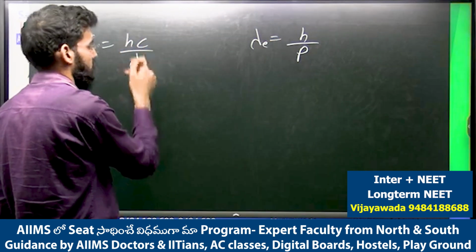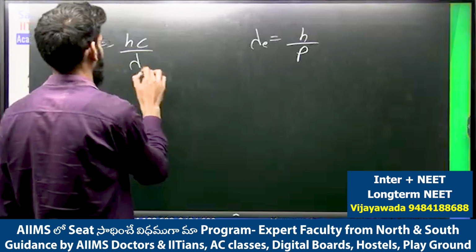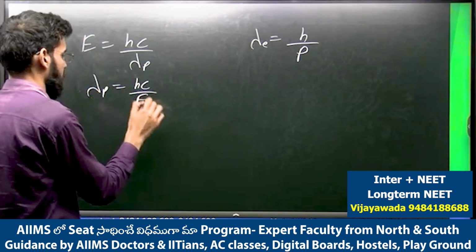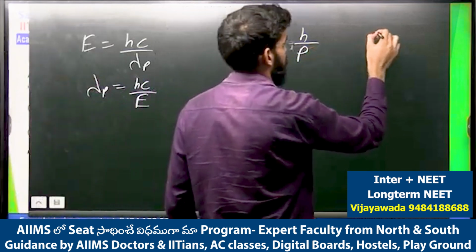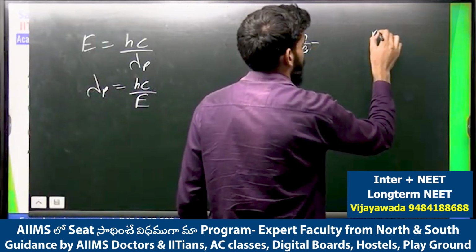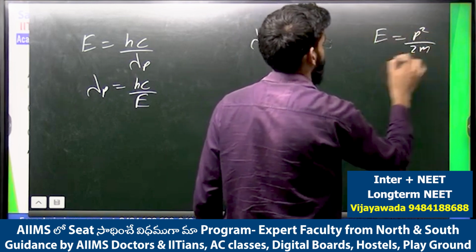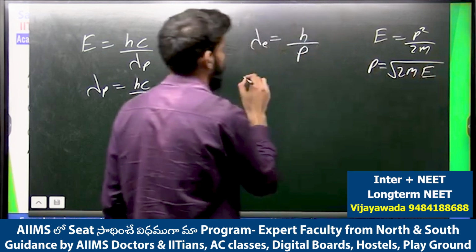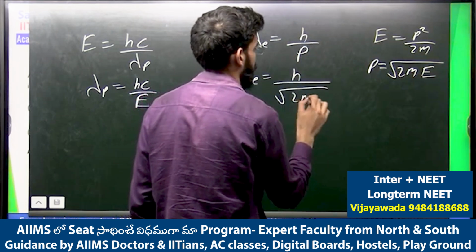For the photon, lambda photon is hc by E. And here this is p, and we also know that E is equal to p square by 2m, right? So p is equal to under root of 2mE. That value if you put here, lambda e came as h upon under root 2mE.